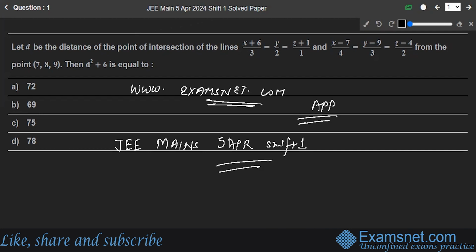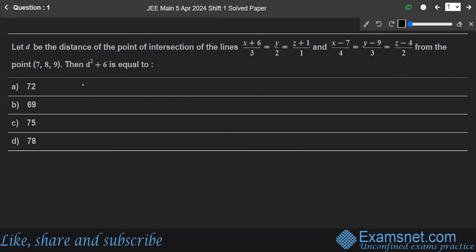Here we go. The first question says, let D be the distance of the point of intersection of these two lines from this point. Then what is D square plus 6 equal to? So here is your first line: x plus 6 upon 3, y upon 2, and z plus 1 upon 1.